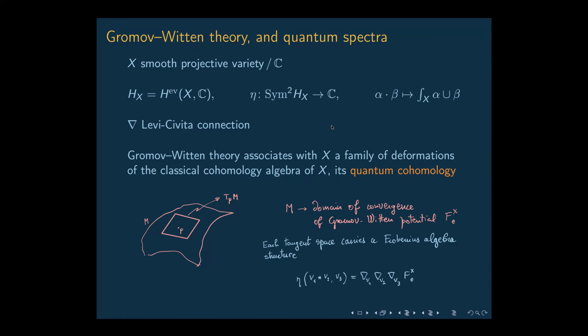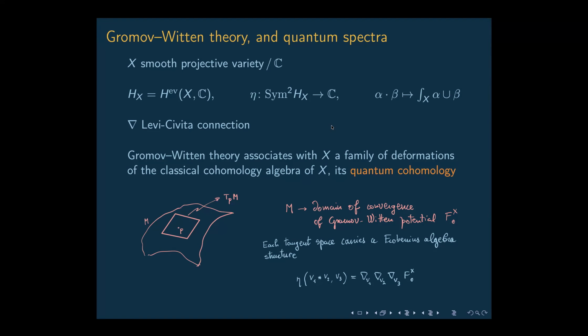I will also denote by eta the Poincare pairing, defined at the level of cohomology classes by taking the cup product of two classes and then integrating over the variety X. Well, for sure, I can interpret such H of X as a finite dimensional complex vector space equipped with such a Poincare metric, which is a symmetric, non-degenerate bilinear form.